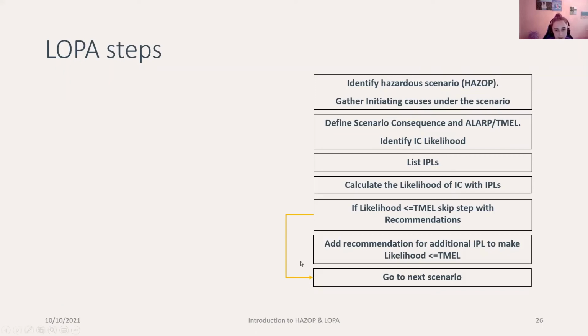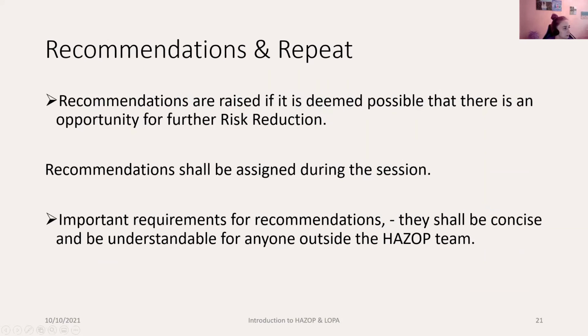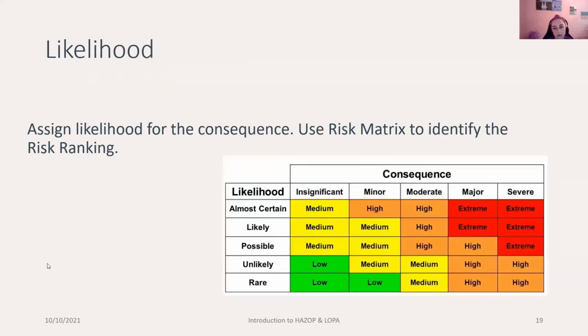Do you remember our risk matrix? Let me show it there. One second. So that will be easily seen there. For example, you identified the consequence as moderate, and you don't want this to happen more often than unlikely.